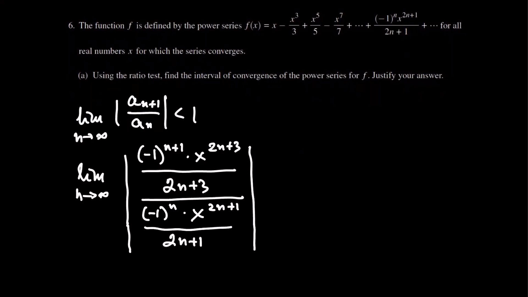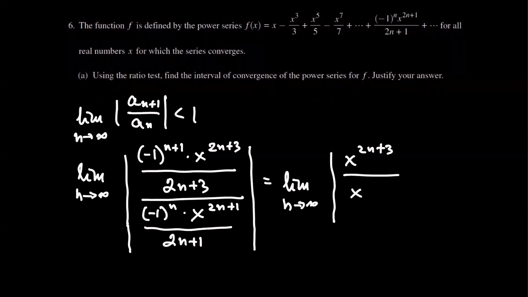The absolute value is here, so we don't care about negative ones. And then dividing by a fraction is the same as multiplying by its reciprocal. So this is equal to the limit as n goes to infinity of the following two ratios: x to the power 2n plus 3 over x to the power 2n plus 1, times 2n plus 1 over 2n plus 3.